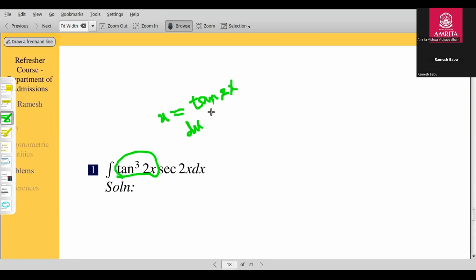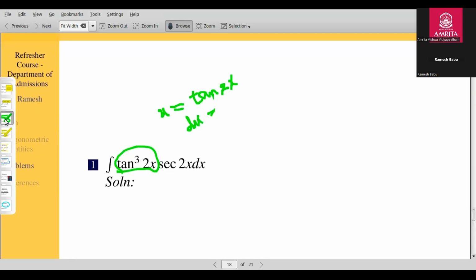You tell me what is du. Tan 2x will become something when you are differentiating it. U is equal to tan 2x, and you have to give a substitution. This is your substitution, no doubt.